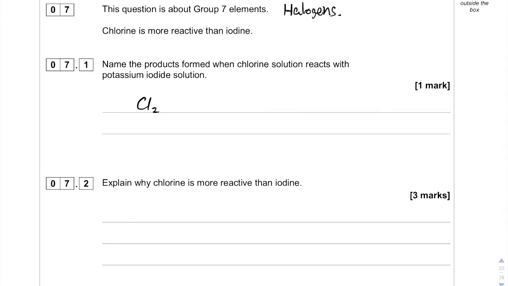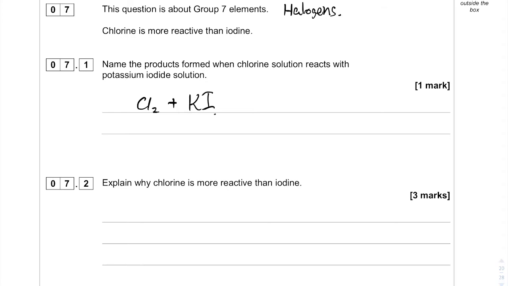Doesn't really matter in terms of the equation. So we've got Cl2 and potassium iodide. We know that iodine is a halogen, it's a 1 minus ion, whereas potassium is group 1, which is a 1 plus ion, so it's a 1-to-1 ratio.